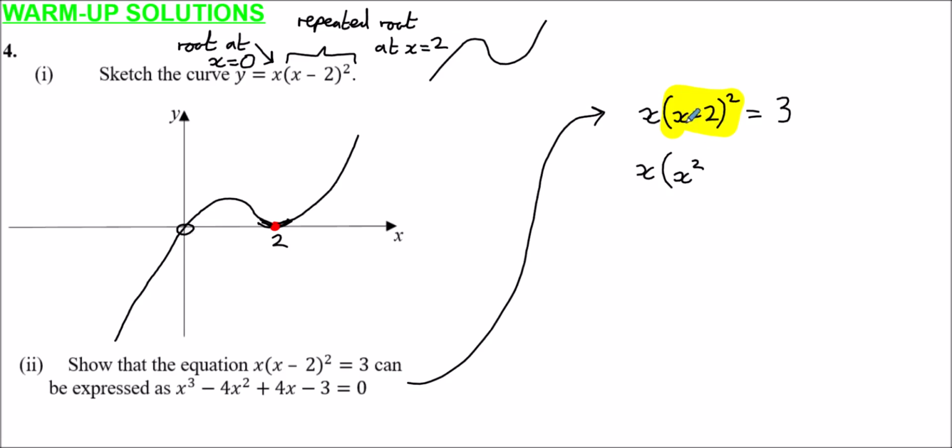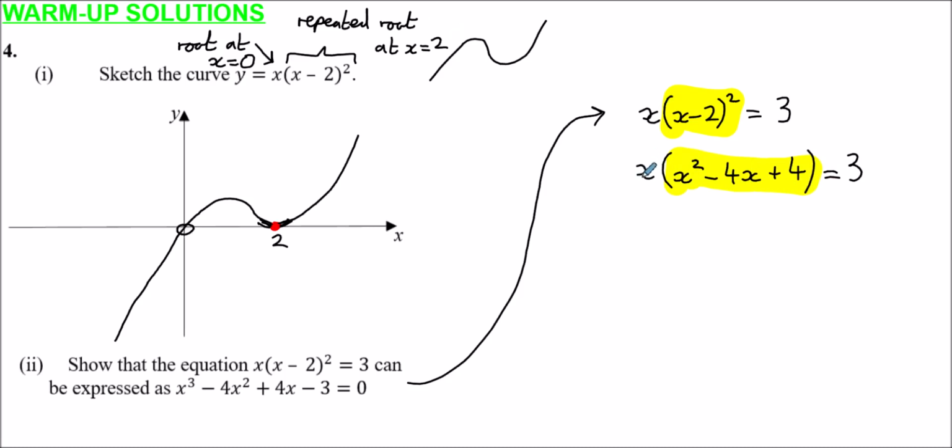We double the product of these two terms, so x multiplied by minus 2 is minus 2x. Double that to get minus 4x. Then minus 2 multiplied by minus 2 gives us positive 4, which equals 3. So all I've done for this step is expand out (x − 2)².